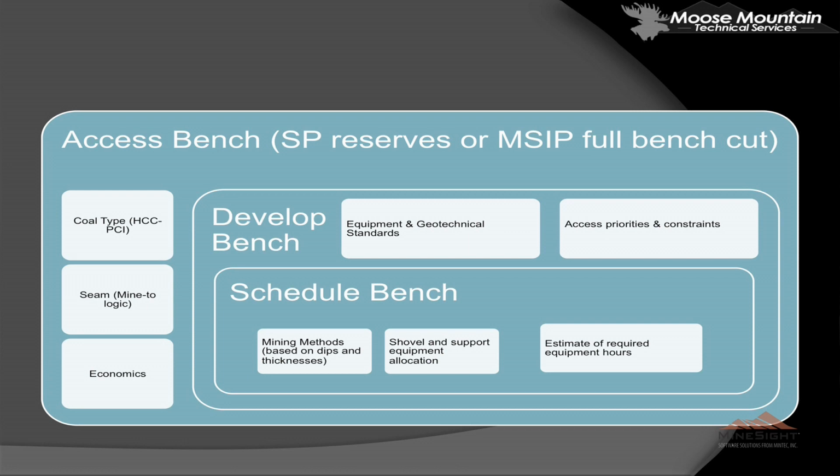So what we have generally, the spiral of information on a long range plan, you have ore and waste, or coal and waste, and as you get further and further into your planning cycle, some of this information becomes more dependent.